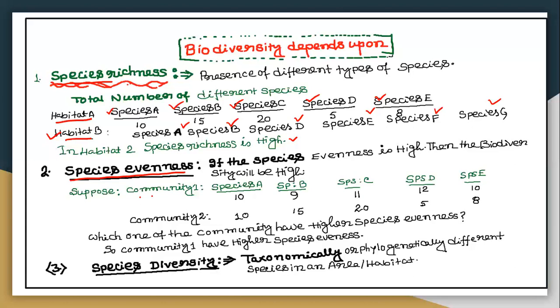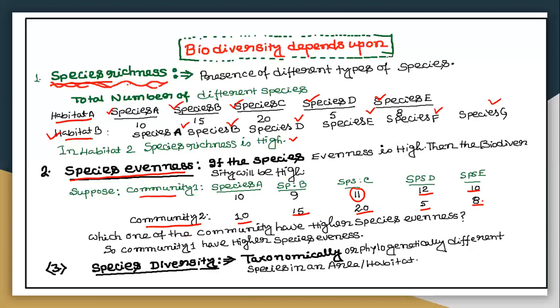Suppose in community 1, species A number is 10, species B 9, species C 11, species D 12, and species E 10. Now community 2: species A 10, species B 15, species C 20, species D 5, and species E 8.